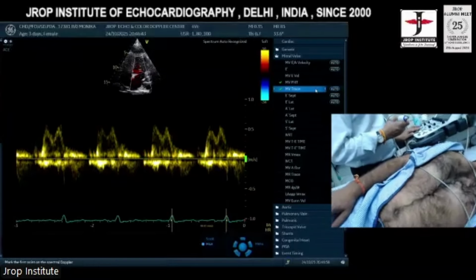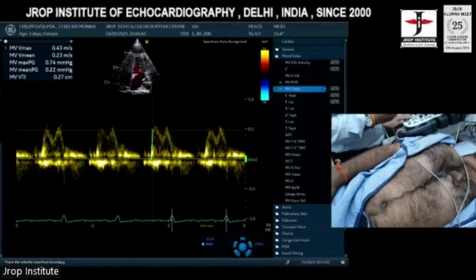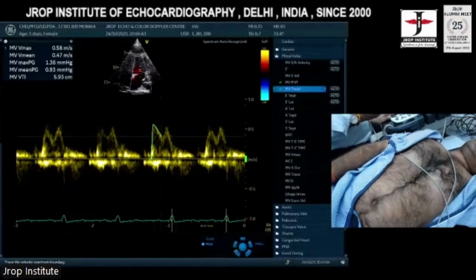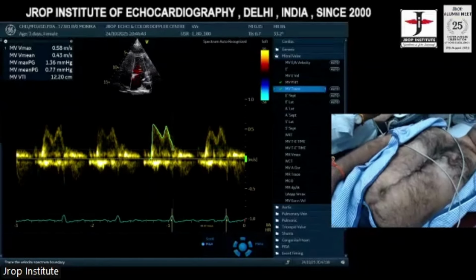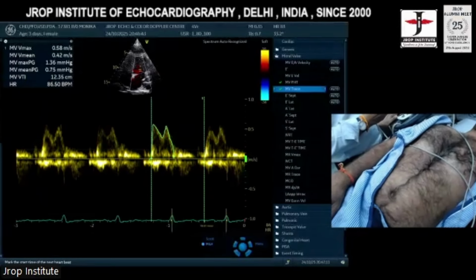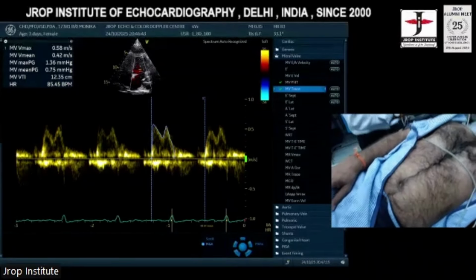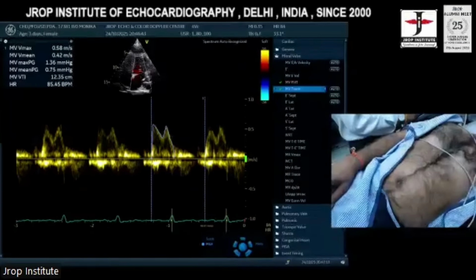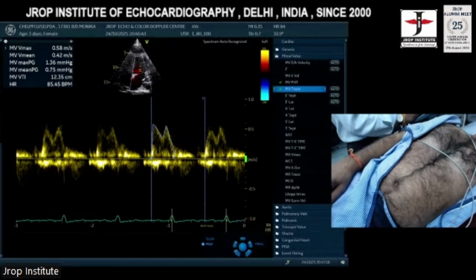Not perfect, so I'm going to do a trace manually. Now same thing, 0.58, peak velocity, mean velocity, peak gradient, mean gradient, velocity time integral, and a heart rate.